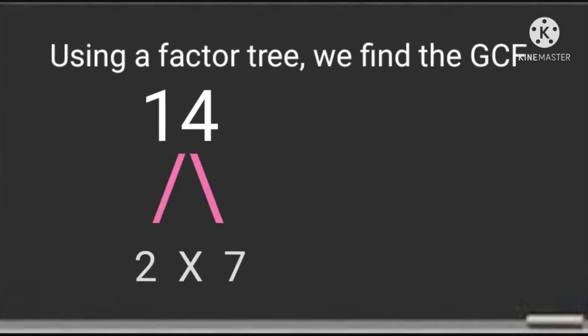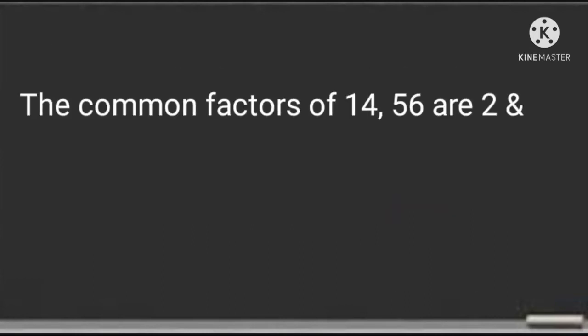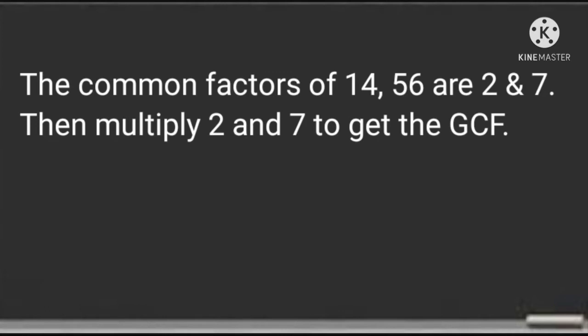Using a factor tree, we find the GCF, or the greatest common factor. For 14, you have there 2 times 7. For 56, 2 times 28. The common factors of 14 and 56 are 2 and 7.